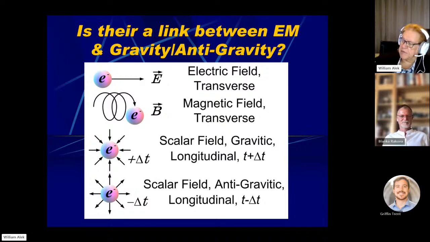The scalar field, being all around us, would be considered a longitudinal field, and it can be either directed towards matter or emitted from matter as a change in time. I think of gravity and time as almost the same thing, because when you go into a gravity field, you measure a certain rate of time. But if you're sitting in orbit around the Earth, away from the gravity field, you're going to have a different time. Clocks are going to tick at a different rate.